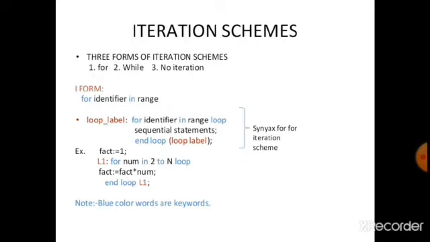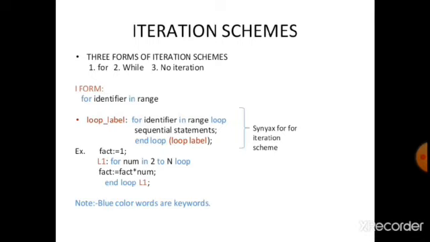Just now in the previous slide we have seen the common syntax. Using that common syntax, we are going to write the general syntax for the for statement. It also begins with the loop label. Everything is the same except the iteration scheme. In the common syntax we just mentioned the iteration scheme, but in the for loop statement we have to write the for iteration scheme.